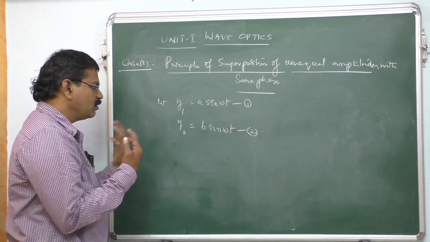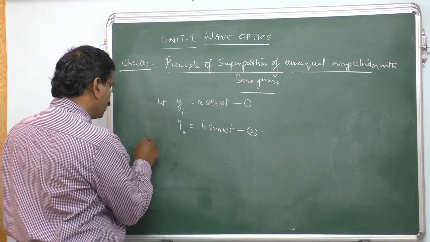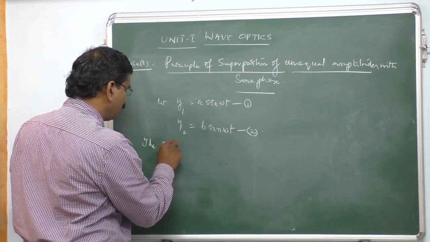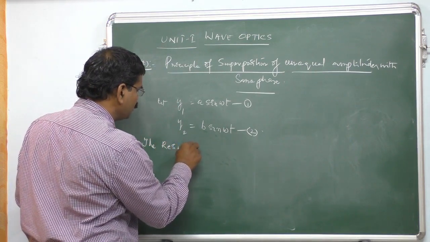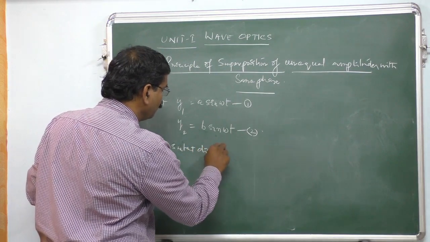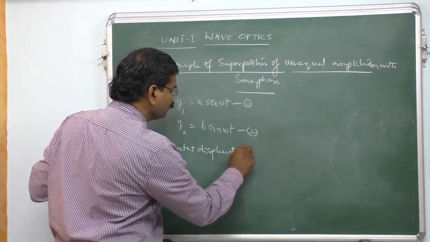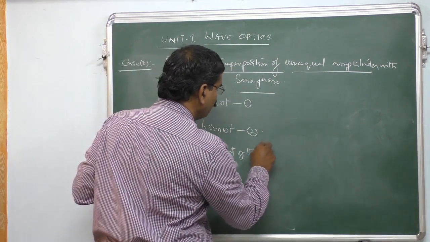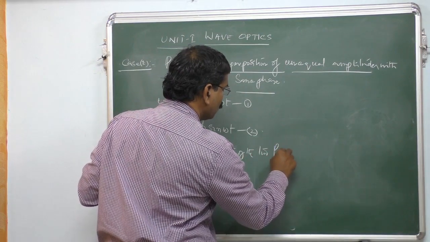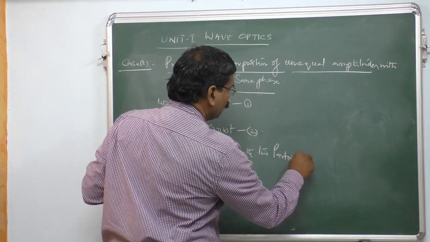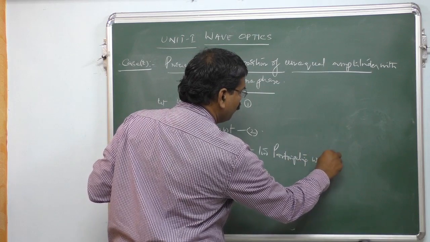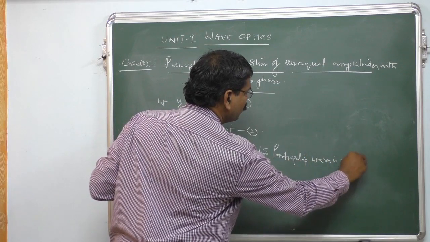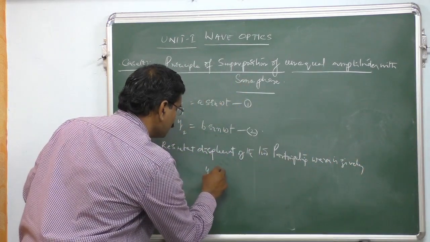Now I would like to combine both of them. The resultant displacement of the two participating waves is given by y equals y1 plus y2.